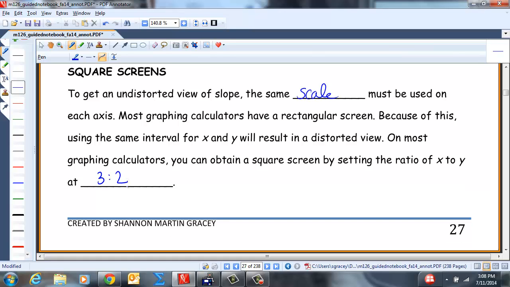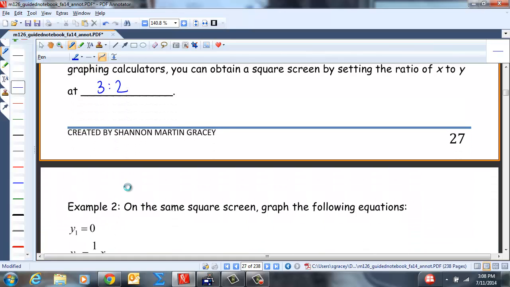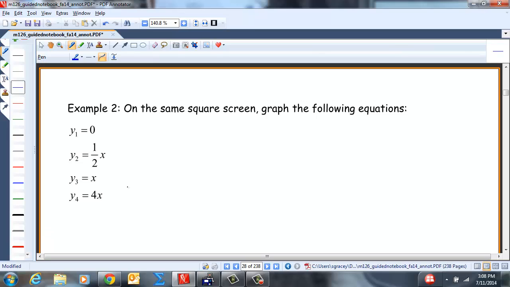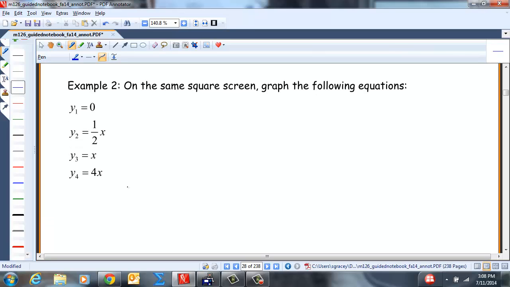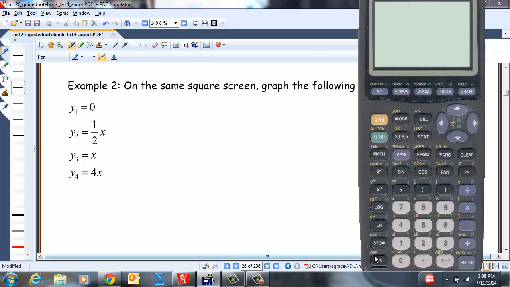So in this next example, we want to graph on the same axis. We're going to explore slope here. So we're going to graph all of these guys, and we're going to explore how the slope changes. So, getting the graphing calculator. Let me clear this out.